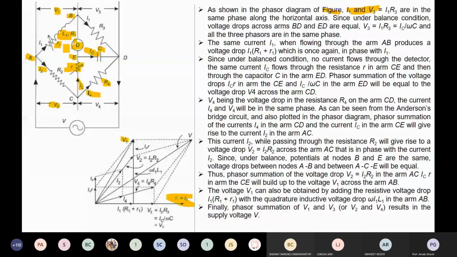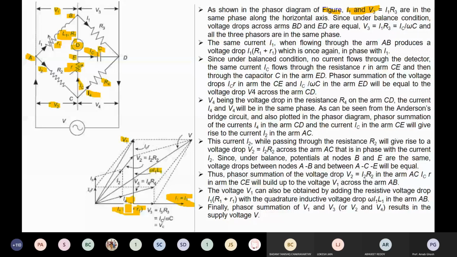This path is omega I1 L1, and it will be 90 degrees apart from I1 into (r1 plus R1). So that is V1.